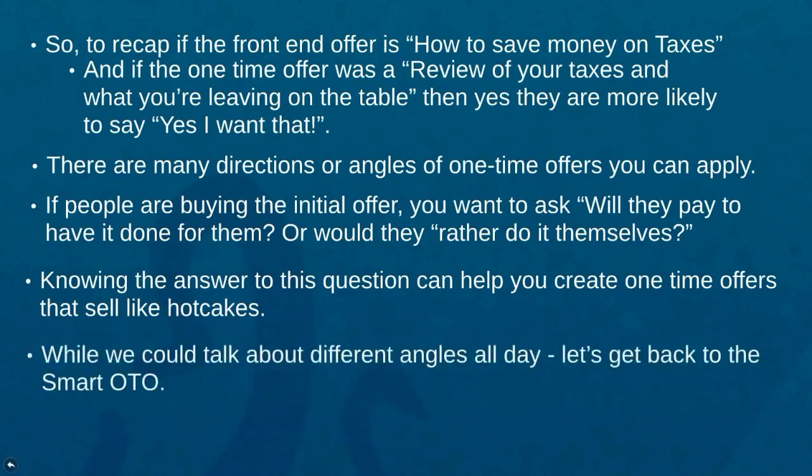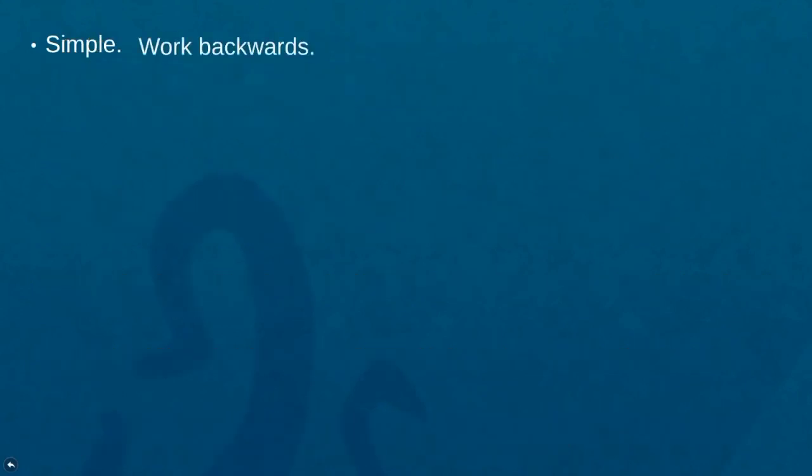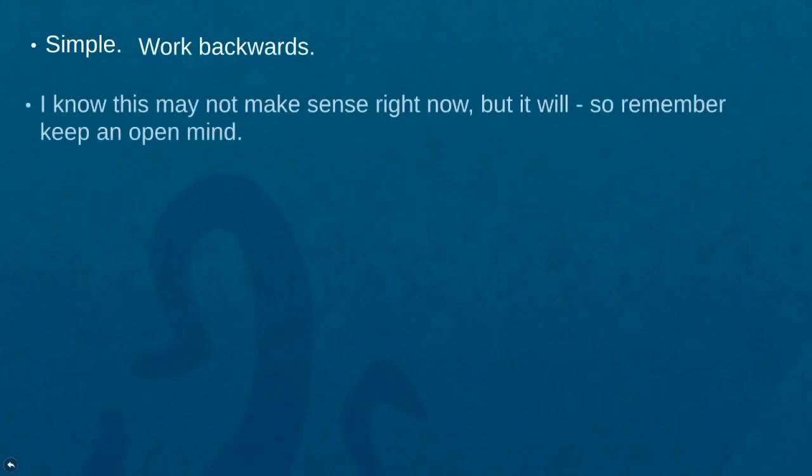Now, while we could talk about different angles all day, like I said earlier, let's get back to the smart one-time offer. So how do you ensure that people who go through your lead magnet buy your front-end offer and then buy the majority of your one-time offers? This is simple. What we need to do is work backwards.